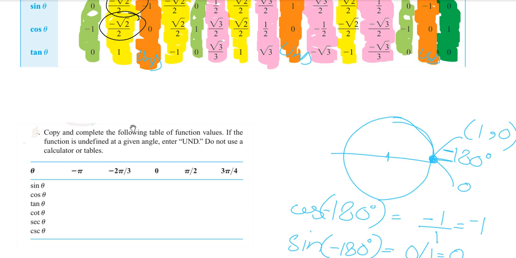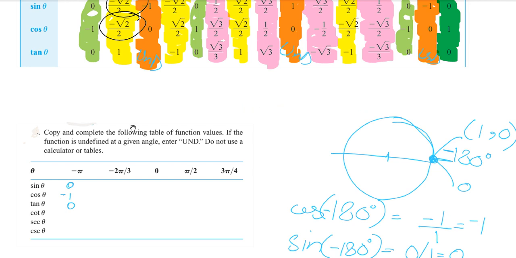So similarly you can see that it will be negative 1, sine negative 180 will be 0, then tan negative 180 will also be 0, because we know that it will also be in this way. You need to put the y value over here, that is 0, and radius is 1, so you can say that it's also 0.